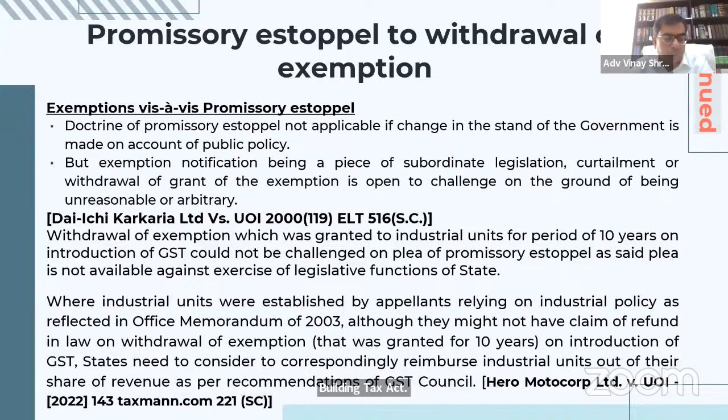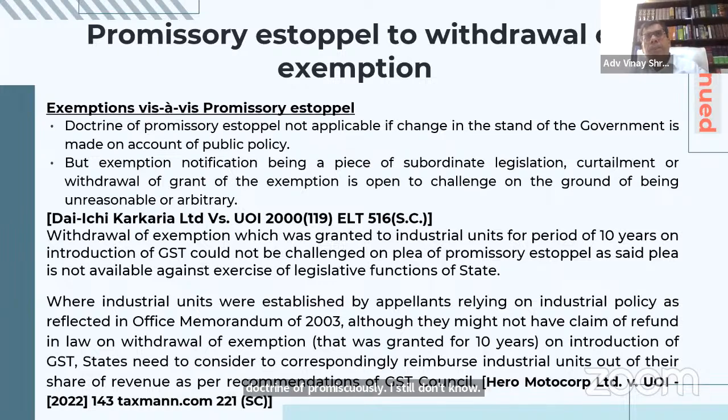Now, one of the very important issues which arises with respect to exemption notification is, what if somebody was availing the benefit of exemption notification, or suppose the benefit of exemption notification is given for the purpose of setting up of an industry, and if subsequently that is withdrawn, then whether the doctrine of promissory estoppel applies in such a case. Now, for the uninitiated, let me tell you what the doctrine of promissory estoppel is.